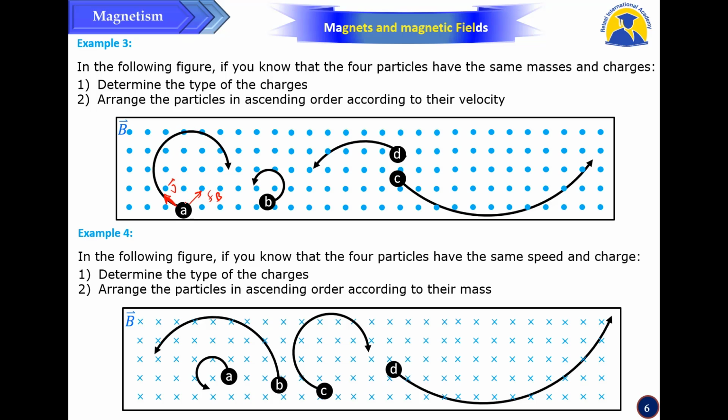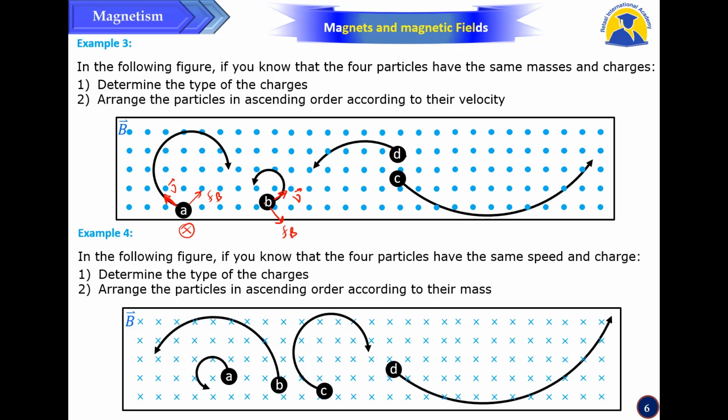The object is moving clockwise, so the object is following the same direction of force. Because of the FB, the particle is moving in this direction. So particle A is carrying positive charge. Now, for particle B, this is the direction of velocity, and the direction of magnetic field is positive Z. So the direction of force will be in this direction, FB.